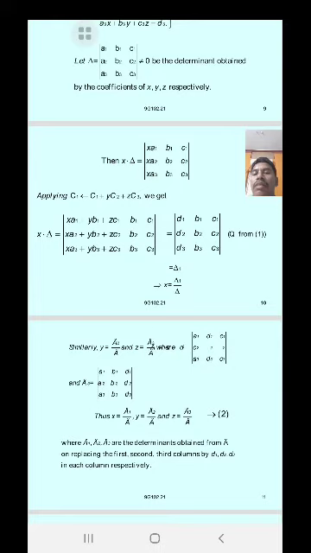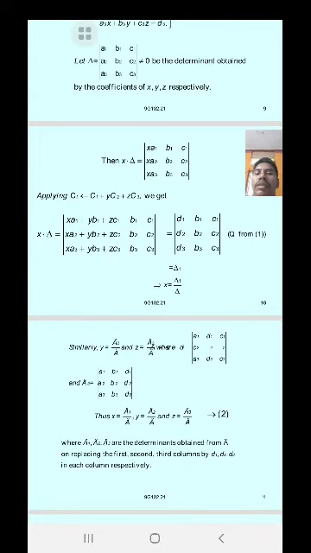See here, we are adding the second and third column elements to the first column. The remaining second and third columns are as they are.